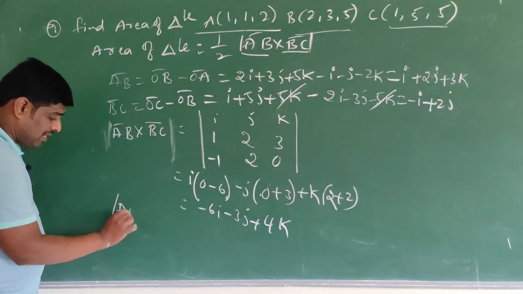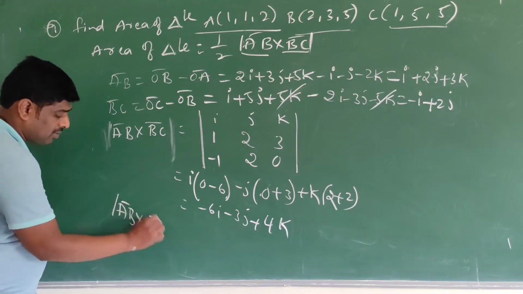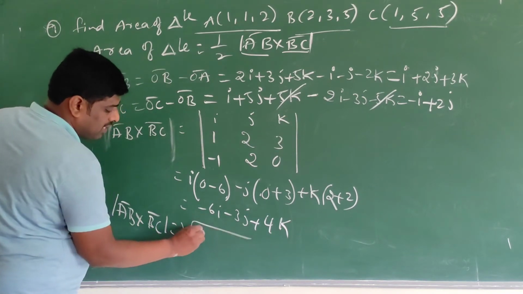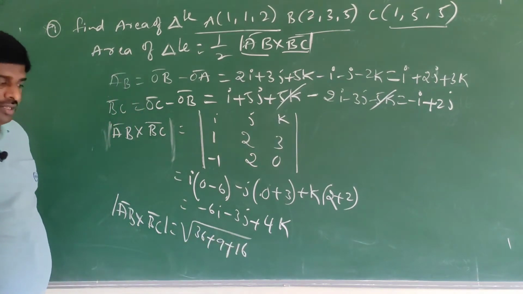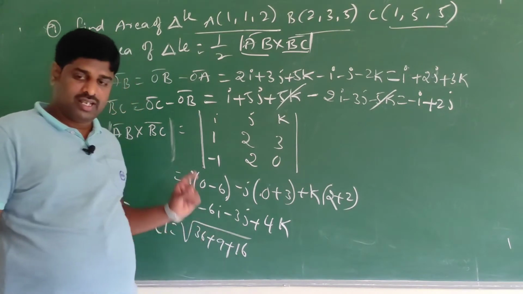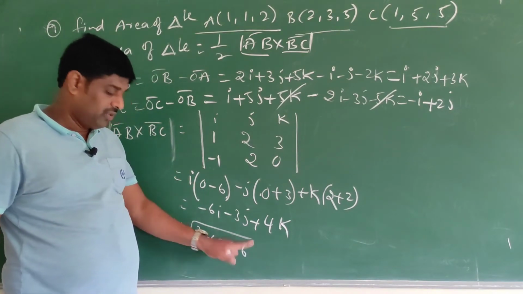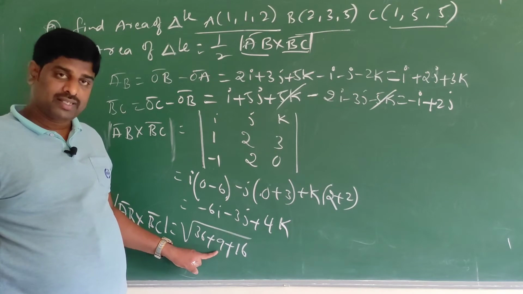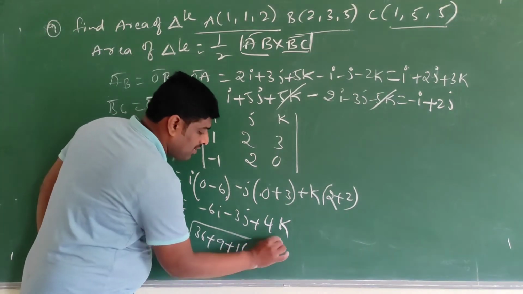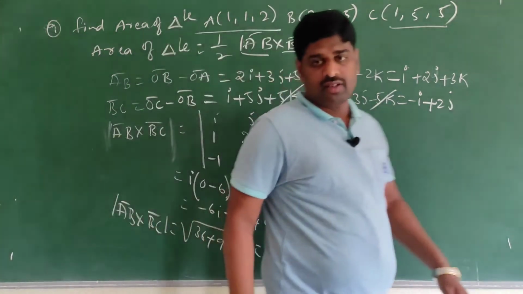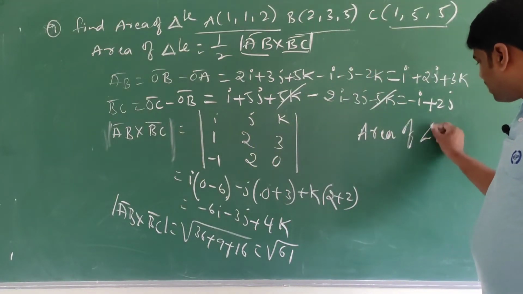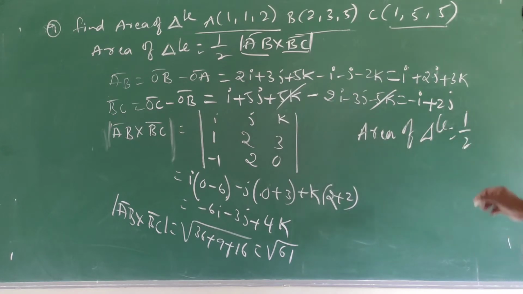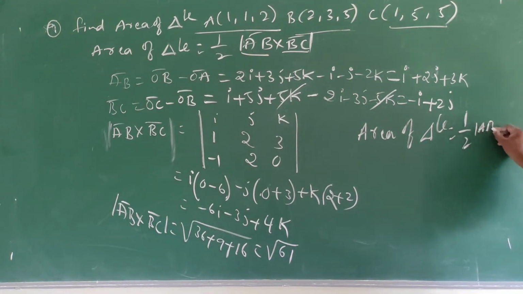Magnitude of AB bar cross BC bar equals 36 plus 9 plus 16. 36 plus 16 is 52. 52 plus 9 is 61. That is square root of 61. Therefore, area of a triangle equals 1 by 2 magnitude of AB bar cross BC bar.